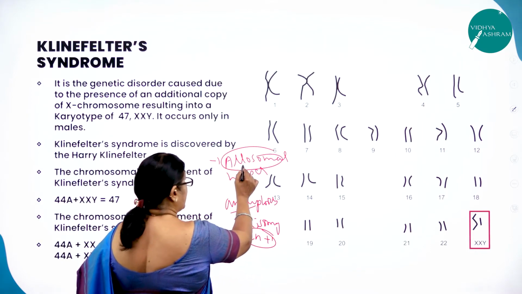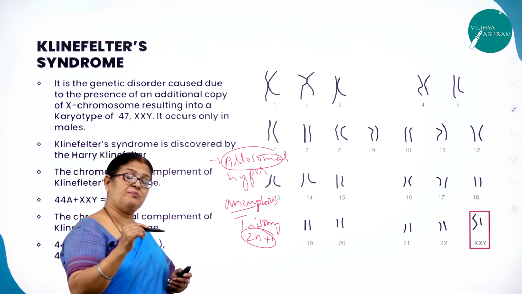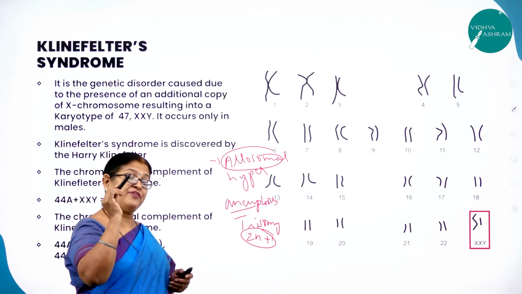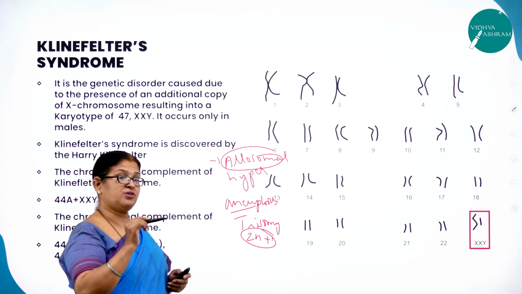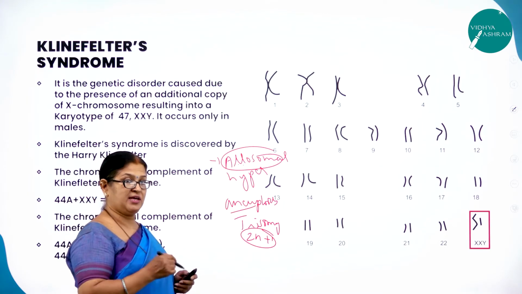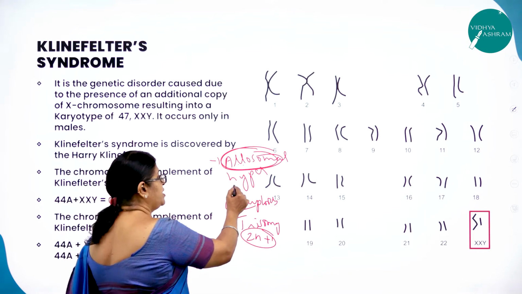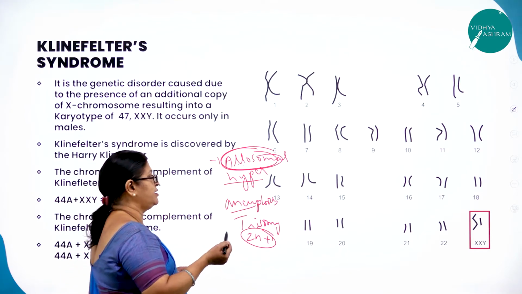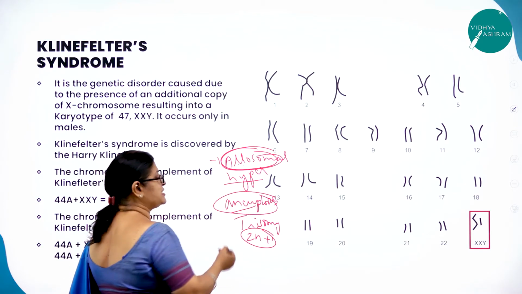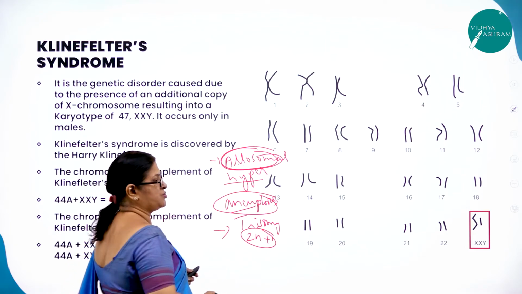Here, that plus 1 is to what? In Down syndrome, that plus 1 was to an autosome, the 21st autosome, hence 47 chromosomes. Here also it is 47, but that plus 1 is for an allosome, a sex chromosome. Hyper means more, plus 1. So it is an example of allosomal hyperaneuploidy, and it is due to trisomy.